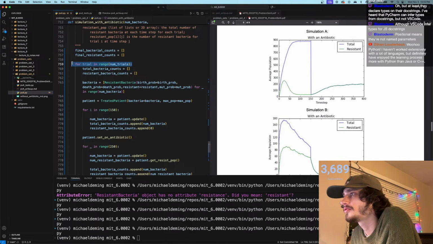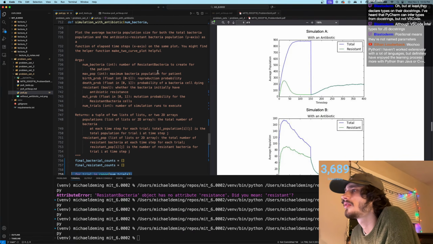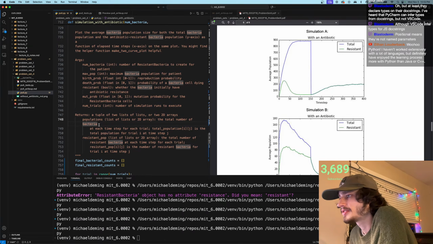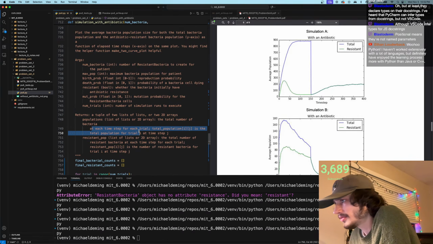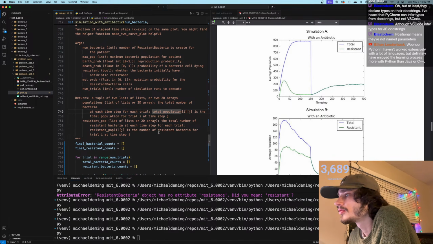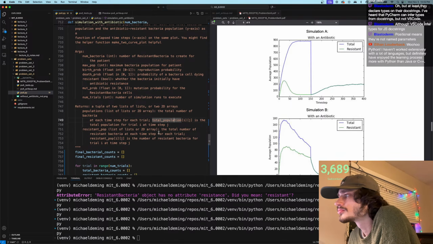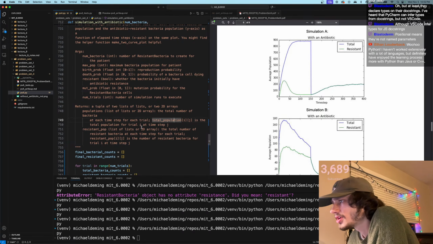For every trial, the number of trials, return two lists, or 2D array of populations. A list of the total number of bacteria at each trial is the total population for trial i at time step j.